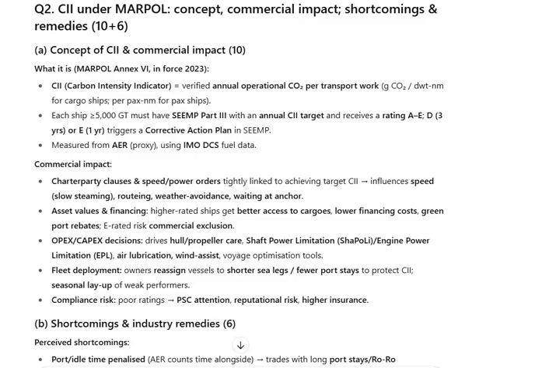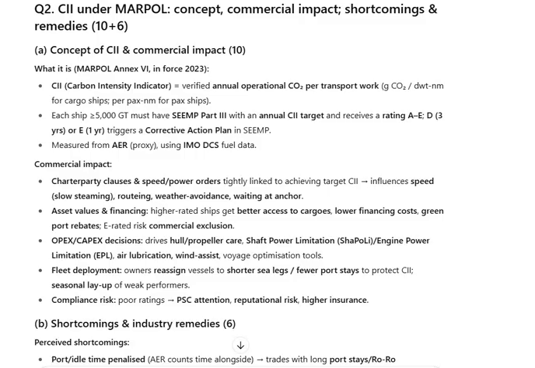Again, the commercial impacts: the charter party clauses and speed power orders are tightly linked to achieving the target CII and influence speed, routing, weather avoidance and waiting at anchorage. Asset values and financing: higher rated ships get better access to cargoes, lower financing costs, green port rebates, while E-rated ships risk commercial exclusion.